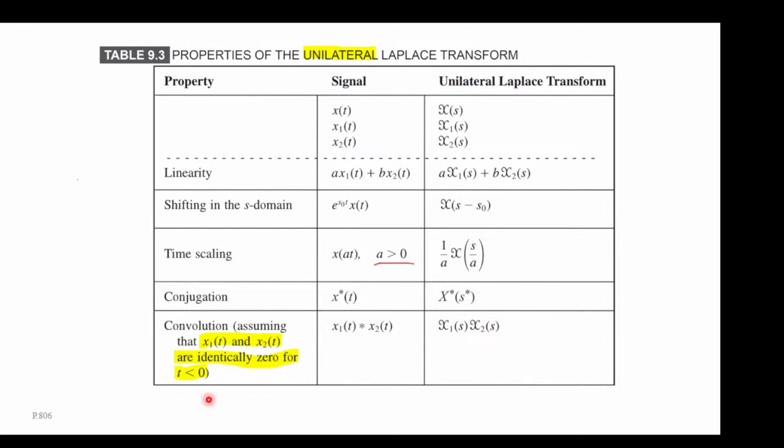And for convolution, we also see a difference. The formula is the same: x1 convolved with x2 transforms to big X1 times big X2. But here you need your small x1 and small x2 both to satisfy the unilateral condition, that they are identically 0 for t less than 0. Okay, so this is important.